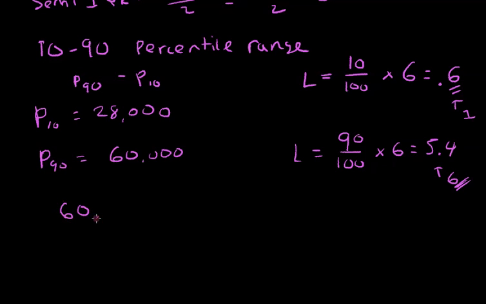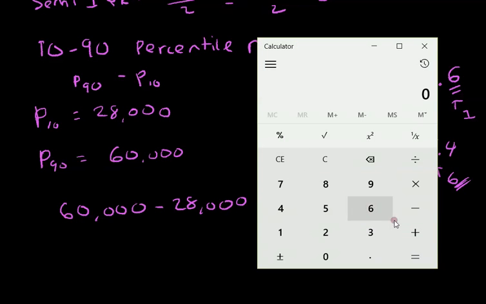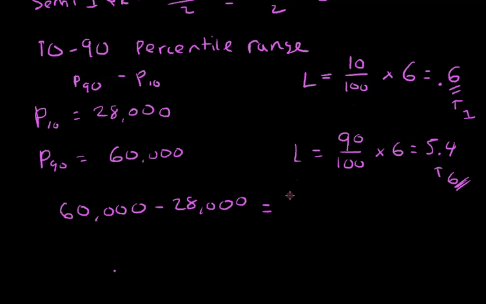So 60,000 minus 28,000. Pull out our calculator for that. So 60 minus 28 is 32. $32,000.